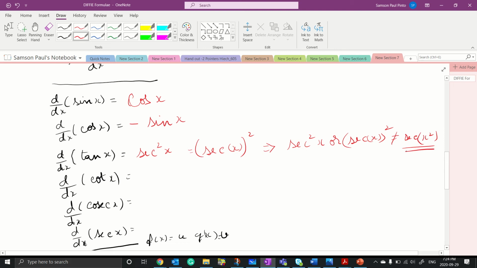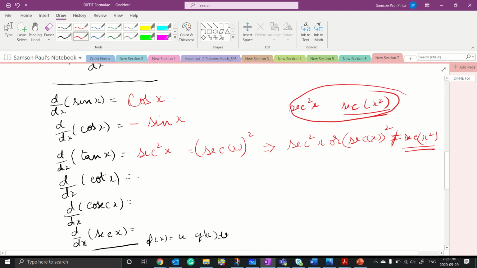I have seen many of my students making this mistake. Secant square x is very different from secant of x square. Probably when we solve problems in the future, I will come to why it is different, but they are completely different.